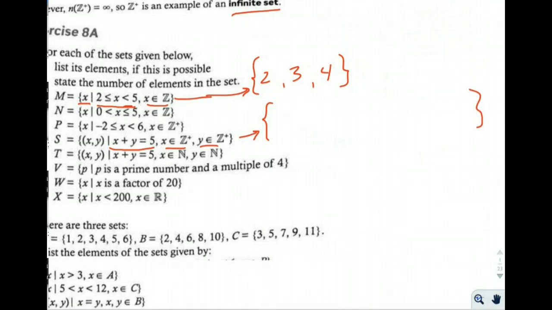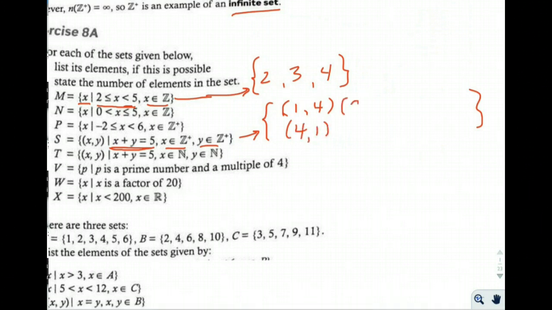Let's put some coordinate pairs here. If x is 1, which is the smallest it can be, y would have to be 4, right? Because they need to add up to 5. So that would be one pair. Of course, (4, 1) would also satisfy the equation.